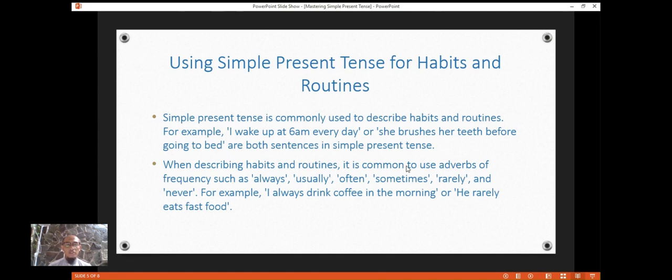When describing habits and routines, it is common to use adverbs of frequency such as always, usually, often, sometimes, rarely, and never. For example, "I always drink coffee in the morning," or "He rarely eats fast food."